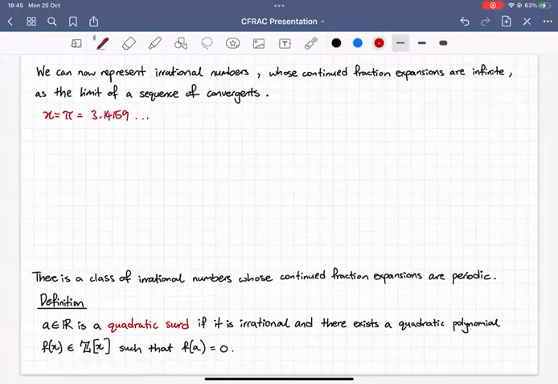It's an irrational number. Its continued fraction expansion is, if I can find it, 3, 7, 15, 1.